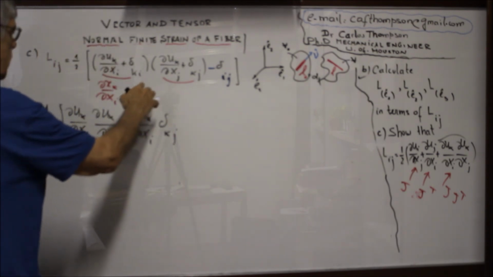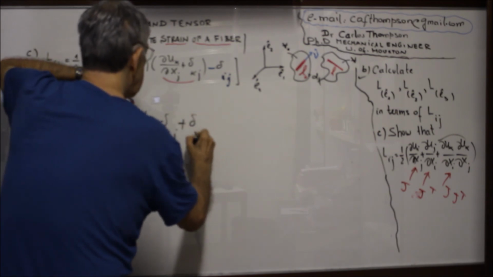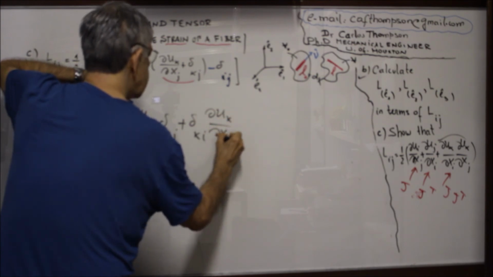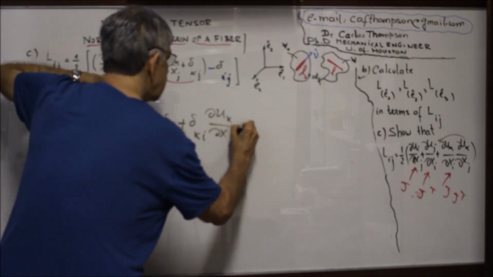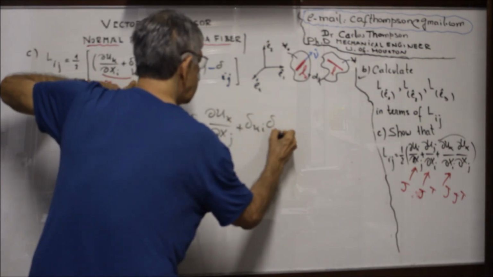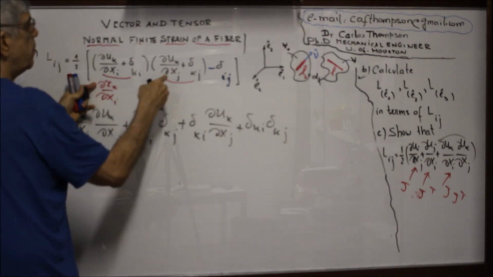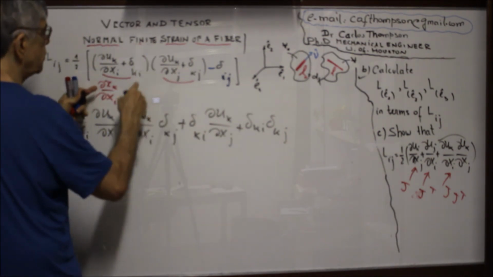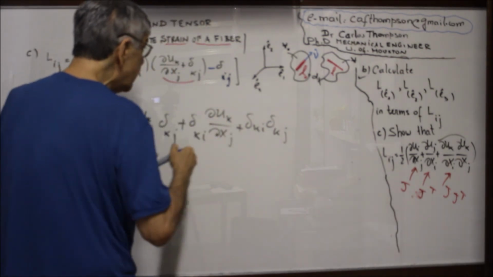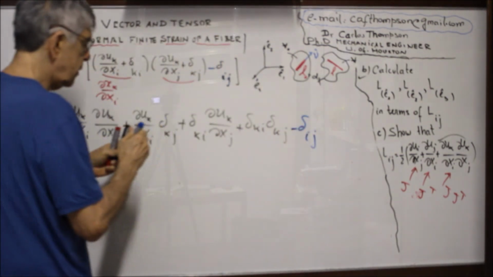Now this one over here times this, plus delta_ki times partial of u_k with respect to X_j, plus delta_ki delta_kj. We have 1, 2, 3, 4 terms: multiplying this and this gives 2 terms, and this and this gives 4 terms. But don't forget delta_ij over here.